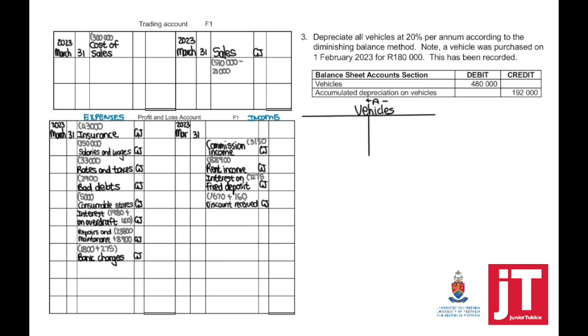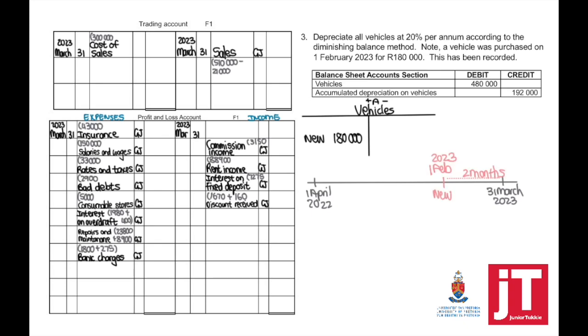If we're looking at the movement, a new vehicle was purchased for 180,000 and it says this has been recorded, which means that the balance from the pre-adjustment trial balance is the balance after the new vehicle was purchased.